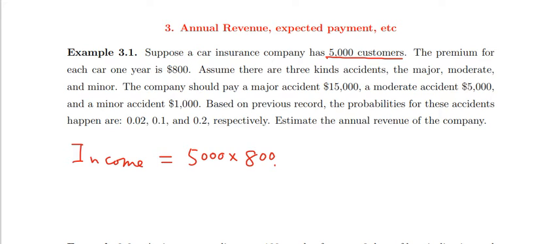Then they need to pay out. Payouts. So how much should they pay out? If they have a car accident, they should pay out. For car accidents, we have major car accidents that should pay this, and this. So we just list all the cases.